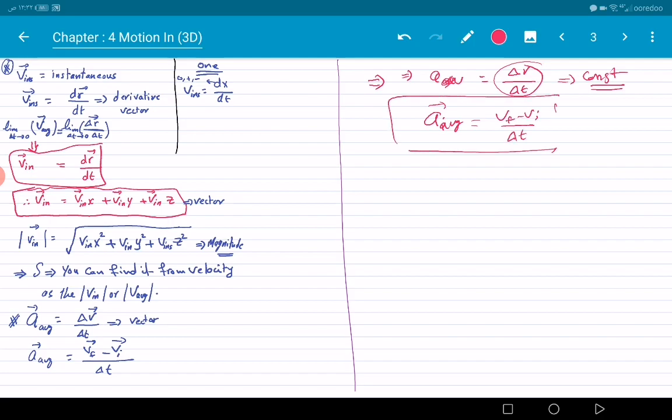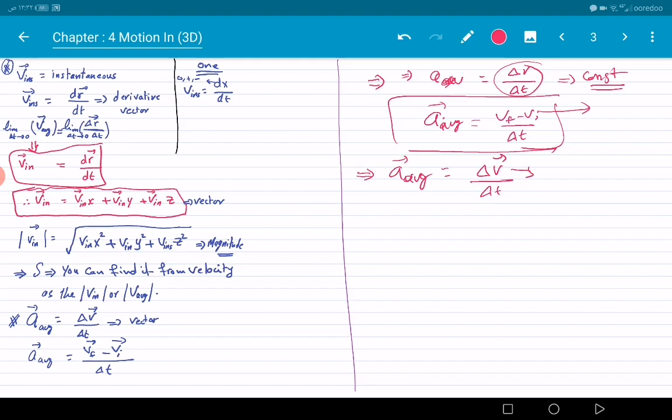So here v is a vector, and we can describe it and solve it in space. So I just change a average to delta v as a vector divided by delta t.